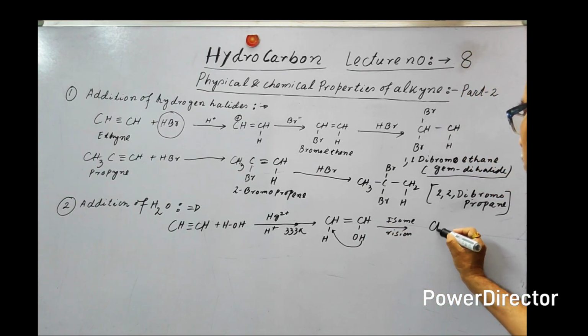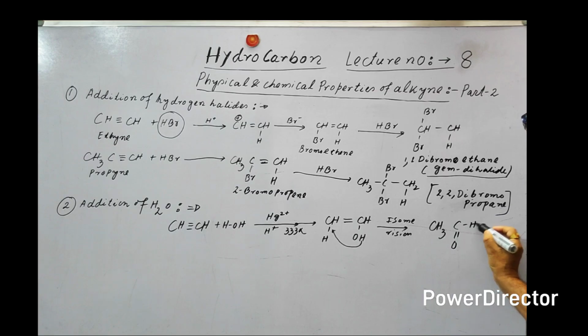So it is going to produce this, CH3CHO. So what is this? The carbonyl group has been produced. So this material is ethanal.